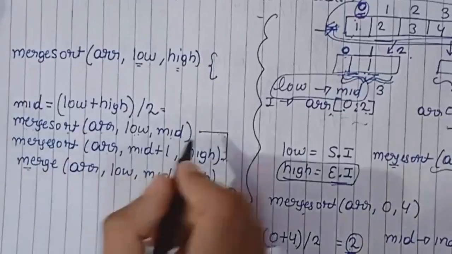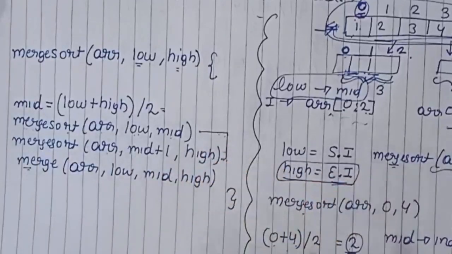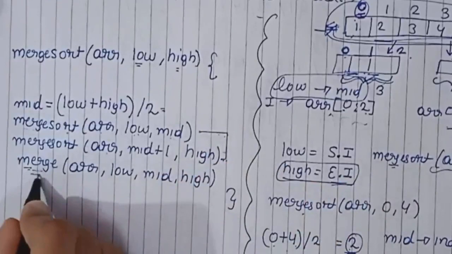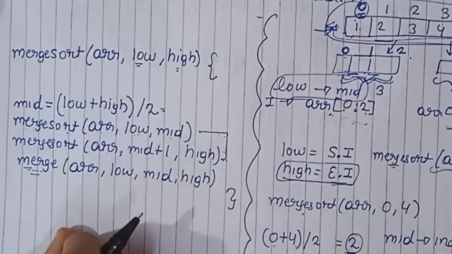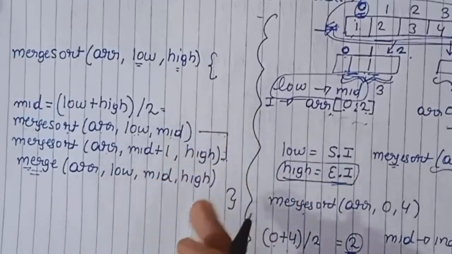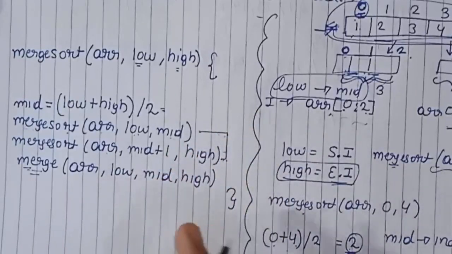And after I have got two sorted subarrays, I will merge them to form a single sorted array. I know that there may be some confusion still, so that will be cleared once we discuss the dry run for this.